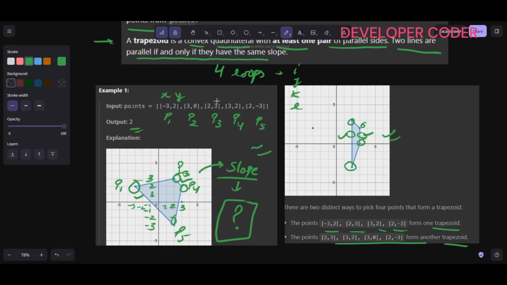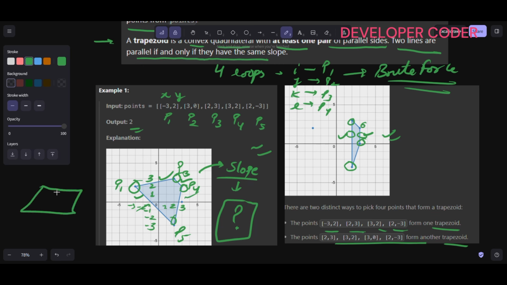And step by step I pick 4 points. Maybe i is picking P1, this is picking P2, this is picking P3, and this is picking P4, right? This is very brute force actually, right? Can I do this? Can I pick 4 points every time and then just find the slope of 2 lines, right? 4 points means definitely we will have 2 lines, right? Here I can see these 2 lines, or I can see these 2 lines, right?